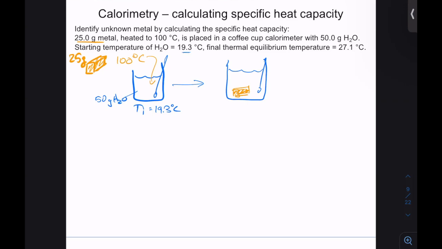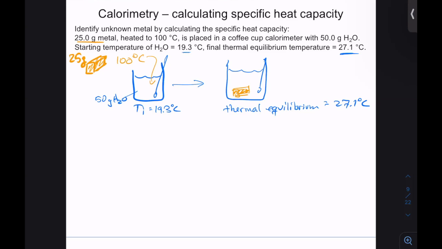Now, of course, this temperature change will continue until both reach thermal equilibrium. And at thermal equilibrium, we have 27.1 degrees Celsius. So that means the final temperature of the metal block and the final temperature of the water will both be 27.1 degrees Celsius, right?